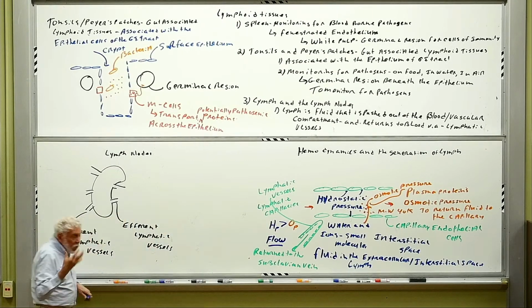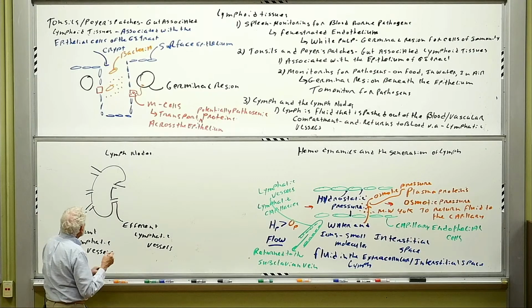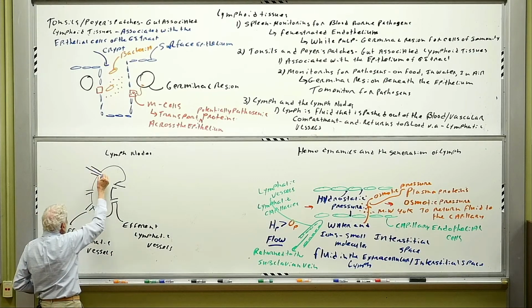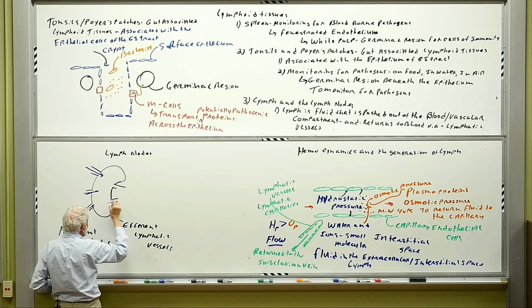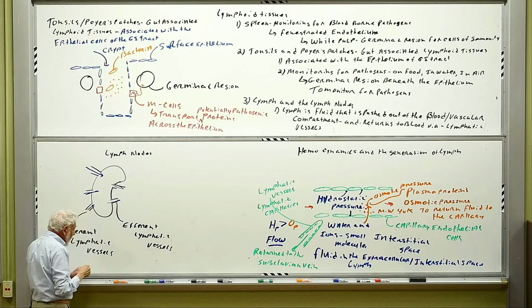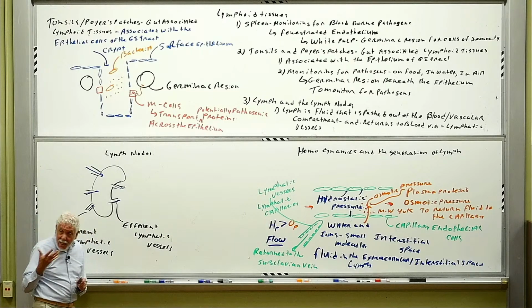So now that fluid, which was pushed out of the blood vascular compartment, which has now bathed all of the tissues, is moving through the lymph nodes and back out again. And someplace farther down the line will be another lymph node. But you can, I think, see where we're headed with this.